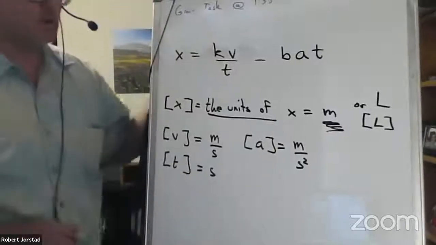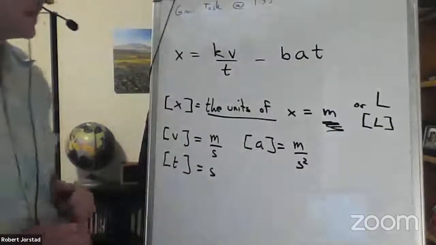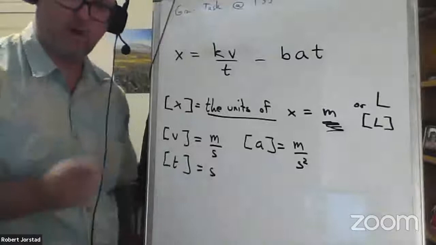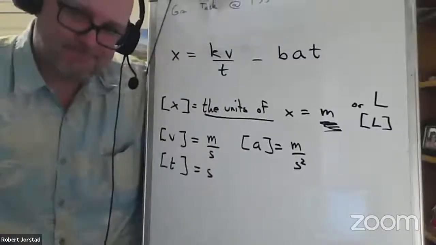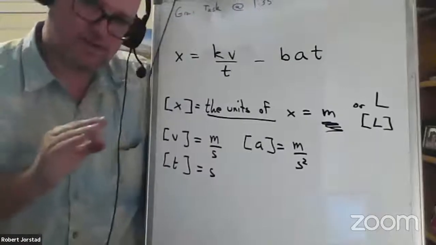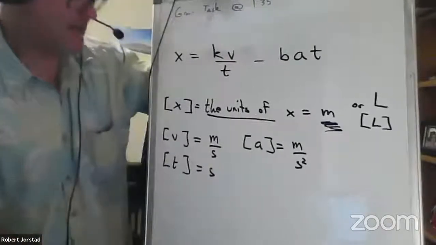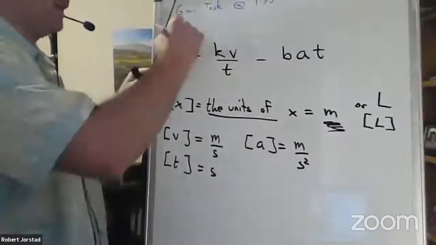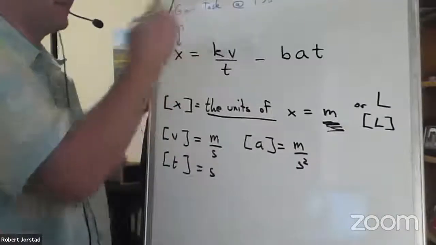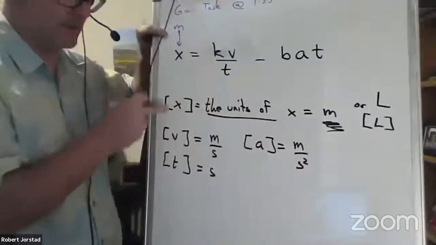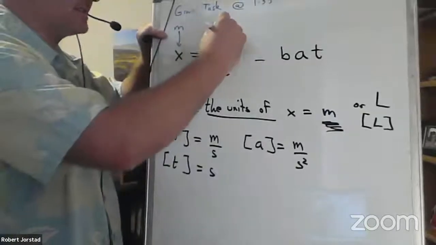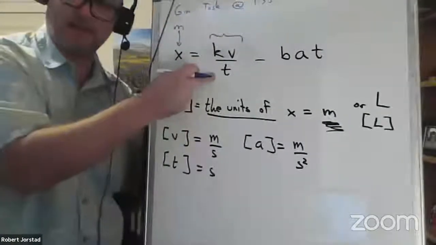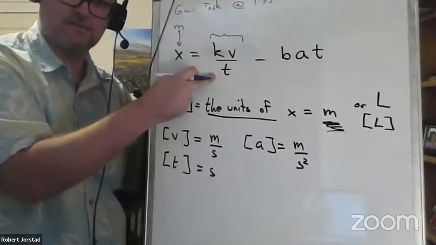Okay. So if I look at this thing, let's say I ask you, what are the units of K? Here's what I want you to think. I know that the units of this thing are meters, right? The units of X are meters. So what do the units of this entire blob have to be? Meters.